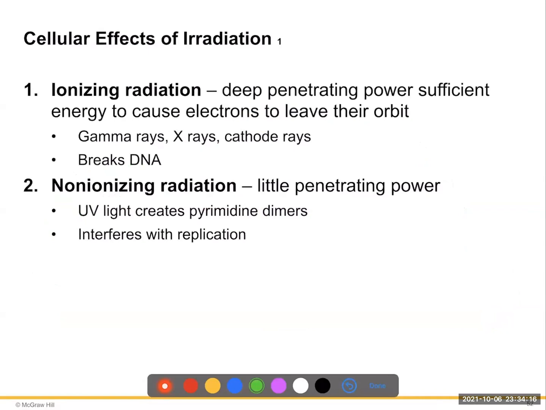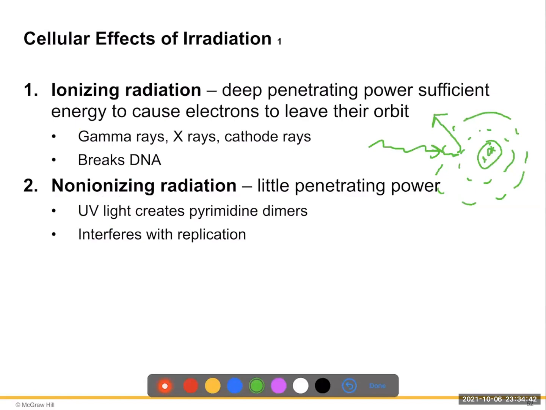So ionizing radiation is penetrating radiation. It penetrates deep and causes electrons to leave their orbit. Remember, the nucleus of the atom has the protons and neutrons inside of it, and the electrons spin around it in what are called orbits. The energy that comes in, gamma radiation, hits these electrons and causes them to jump out of their orbits into different orbits.